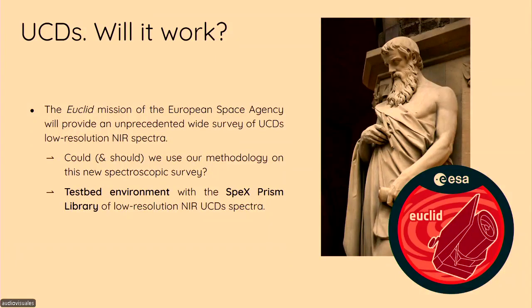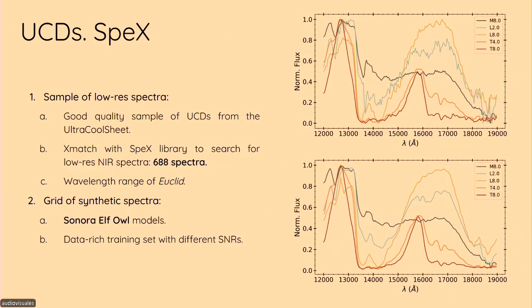And as we don't have Euclid data available yet, what we did is to create a testbed environment for the low resolution domain using near infrared ultracool dwarf spectra from the SPEX Prism library of spectra. Okay. And what we want to do with this testbed environment is just to test if our methodology makes sense in the low resolution domain.